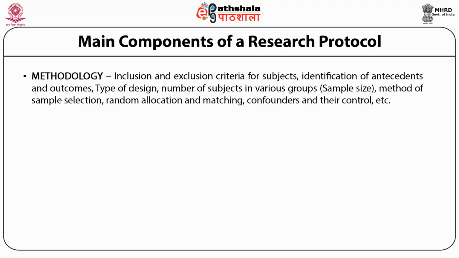It includes the number of subjects, that means sample size, in the various groups or in a single group as needed, and the method of sample selection, whether it is randomly allocated or not. Further, matching, confounding factors and other controls are taken care of in this methodology. It includes all the things which you will be selecting in your project or in your study.